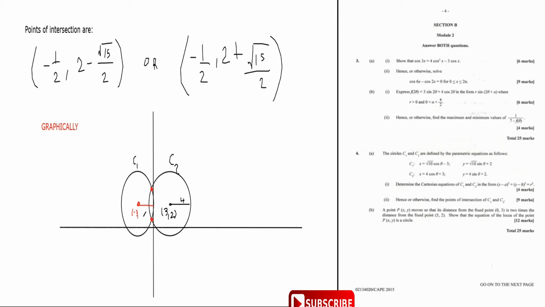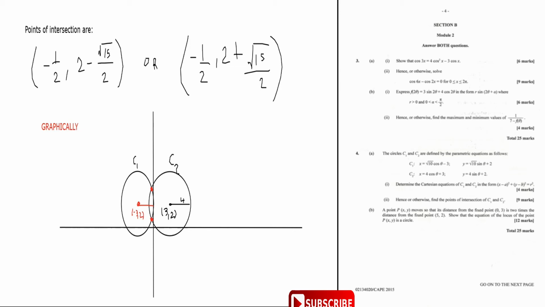So something like this is how they look. Something like this is not accurate. All right, so one of them is when x is minus a half. Both of them have the same x value, but the y value is different. This is going to be 2 plus root 15 over 2. This is 2 plus minus root 15 over 2. All right, so this is just graphically what is happening. I really hope this makes it a lot more clear, nice and easy.